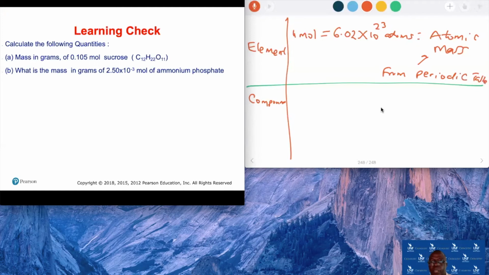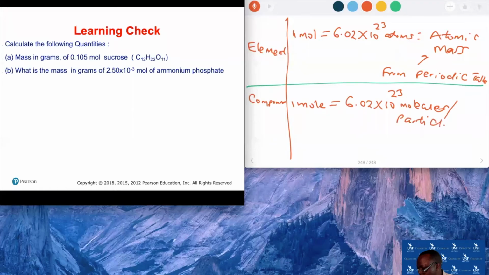Remember, this is just an element on the periodic table. But a compound is when you put two or more elements together, such as ammonium phosphate. You saw how we constructed the chemical formula. In this case, 1 mole equals the Avogadro number of molecules, or particles.